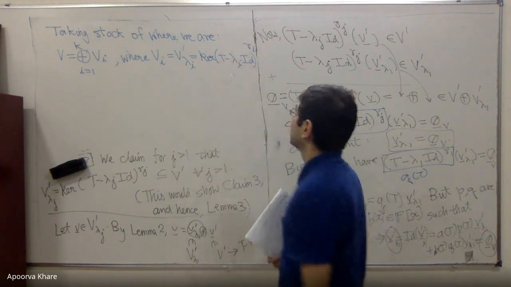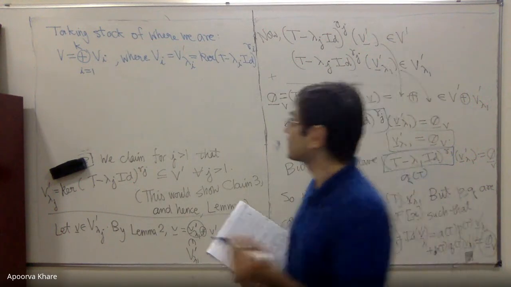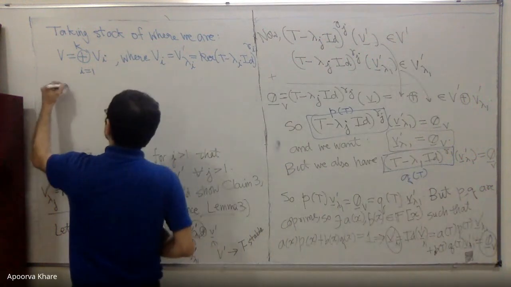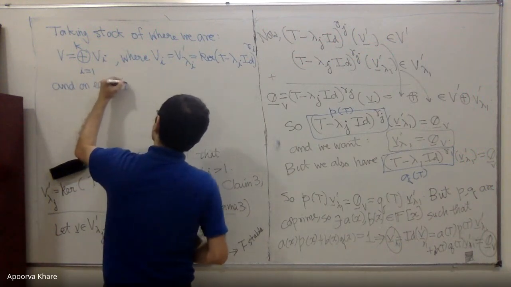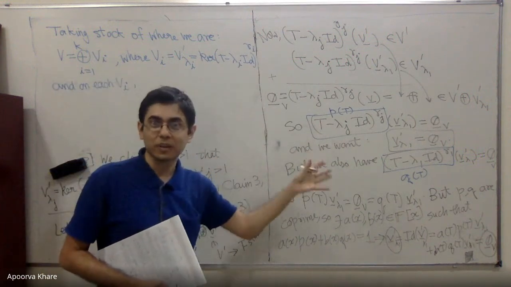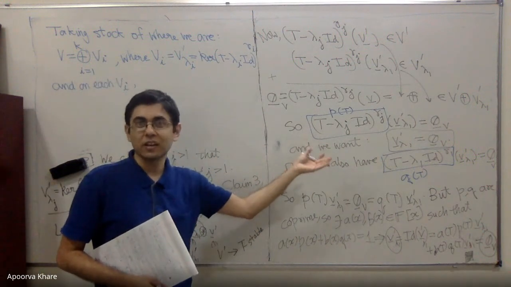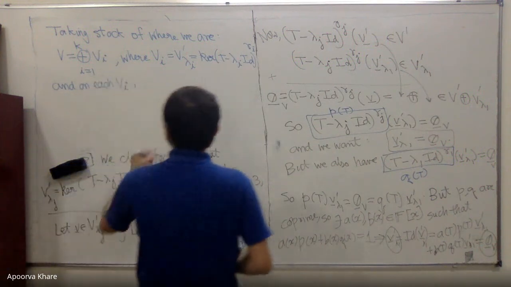Okay, this is what we have. And on each Vi, as we saw, on V1 the only eigenvalue was lambda 1, nothing else, because of the kernel. Every other eigenvalue sat inside the image part. Right?